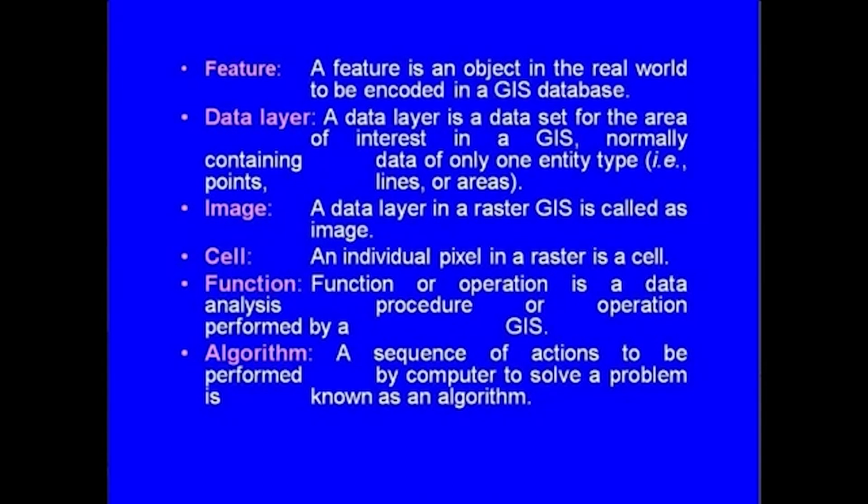A data layer in a raster GIS is called an image. Cell. An individual pixel in a raster is a cell. Function. Function or operation is a data analysis procedure or operation performed by a GIS. Algorithm. A sequence of actions to be performed by a computer to solve a problem is known as an algorithm.